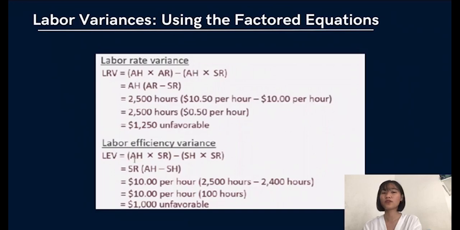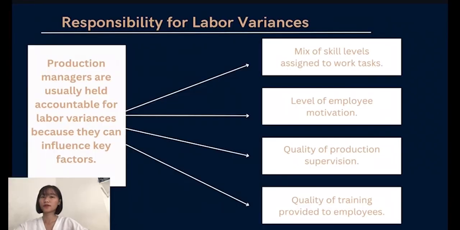That gives us the $1,250 unfavorable. The standard rate was $10 per hour. Actual hours worked was 2,500. The standard hours was 2,400. That's a difference of 100 times $10 per hour. That's why we get $1,000 unfavorable.